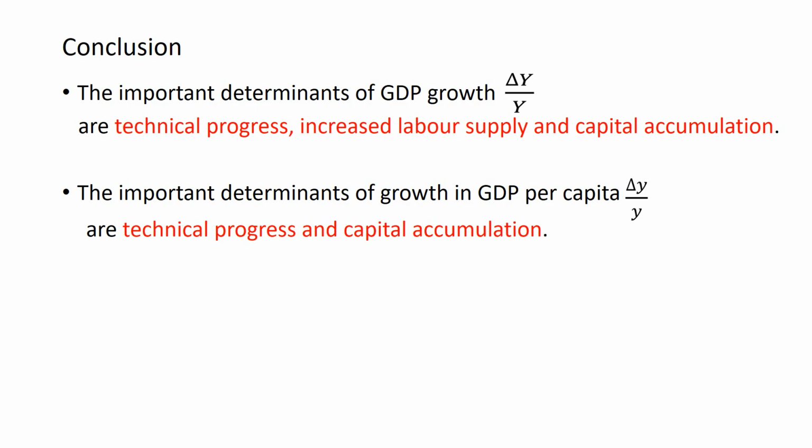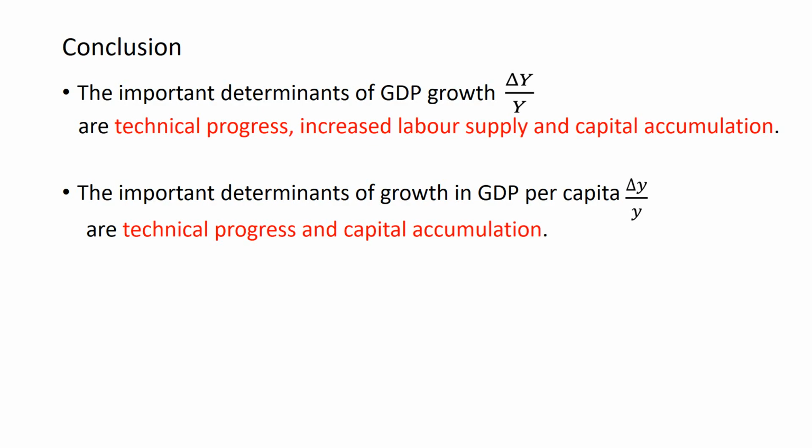So what can we therefore conclude about overall growth accounting theory, specifically the growth in total output versus the growth in output per person? The first conclusion is that in terms of overall GDP growth or overall output growth, change in capital Y over Y, the important determinants of overall GDP growth are technological progress, increased labor supply, as well as capital accumulation.